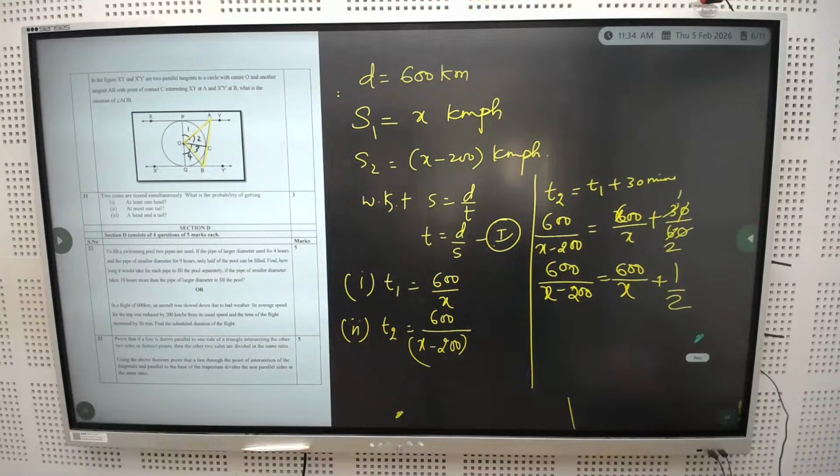There is a mistake here. X equal to 600.